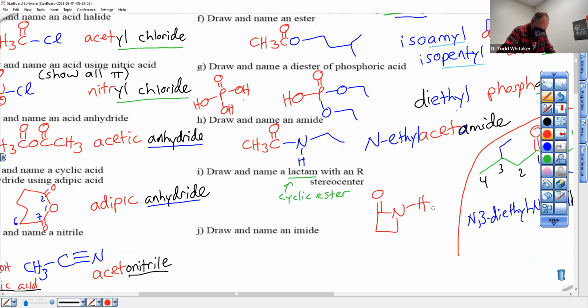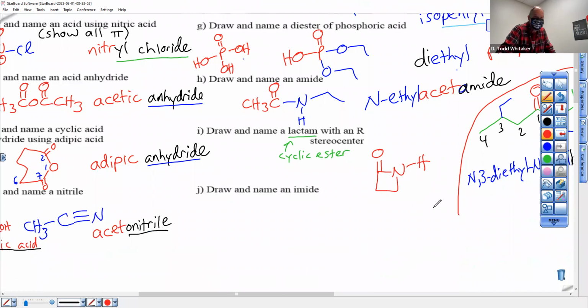There's no stereocenter. You guys put a stereocenter in. I'm going to put it here because there's something about lactams and lactones, which I didn't put on this activity. But after you learn lactams, you're going to learn lactones on your own.